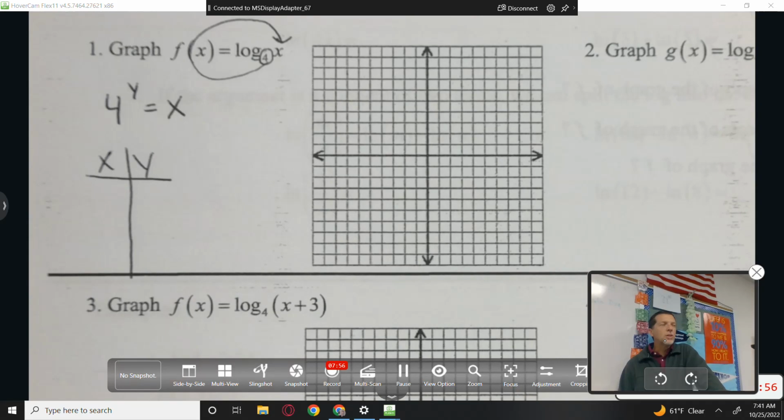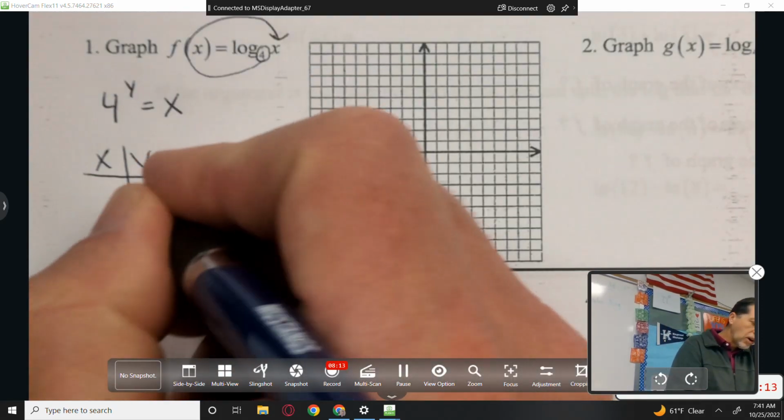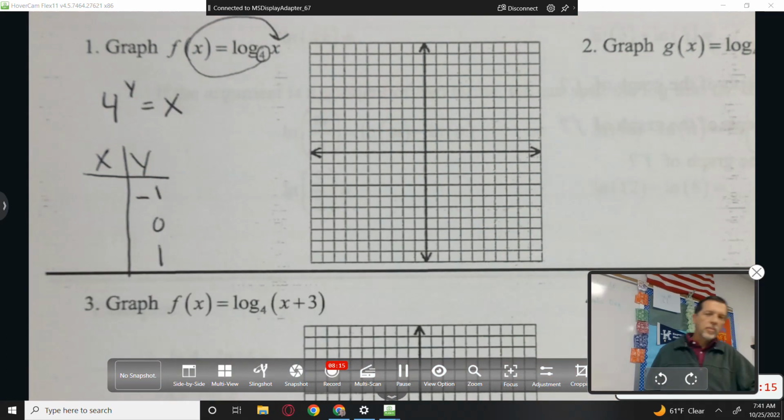What do we usually pick to plug in? The x's or the y's? The x's. But if I pick x's to plug in here, it might not work. So instead of picking x's, let's pick y's. It feels really weird, but that's the only way this is going to work. So let's pick our y's. Let's pick our exponents to be -1, 0, and 1.